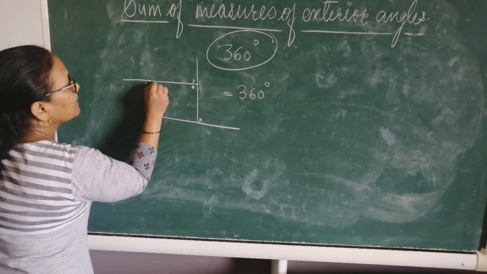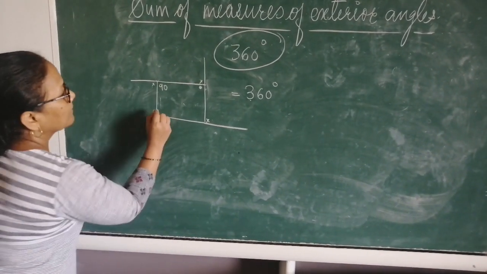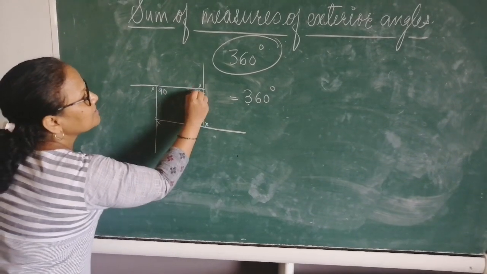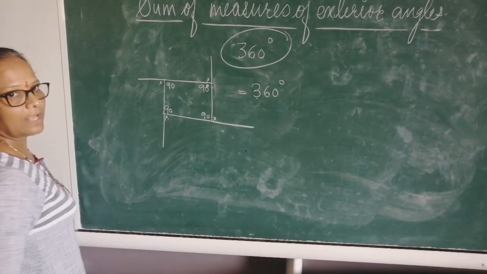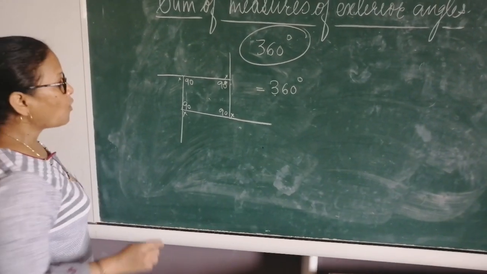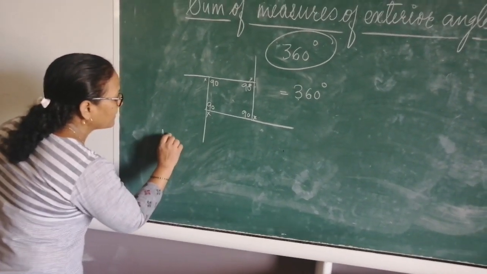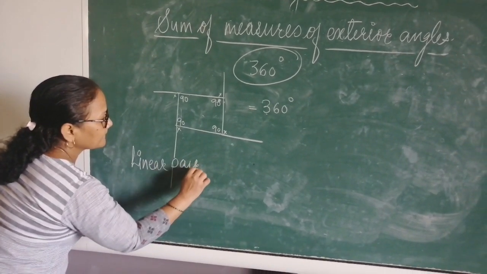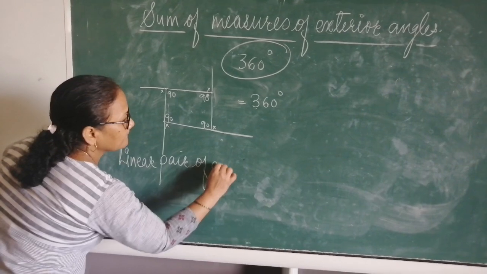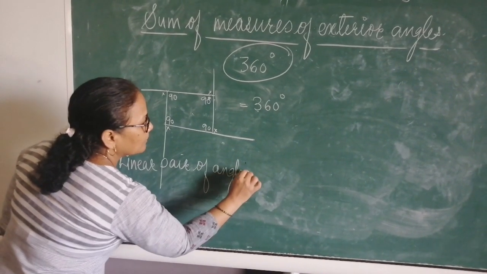As it is a rectangle, this is 90 degrees, which means this is also 90 degrees, this is also 90 degrees, and this is also 90 degrees. Now we already know linear pair of angles.